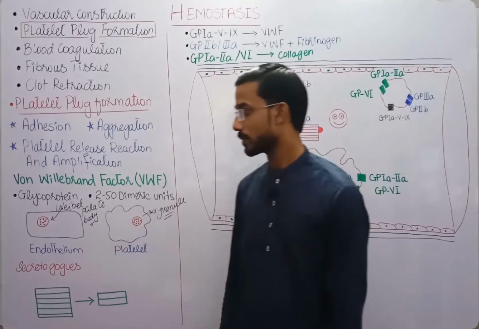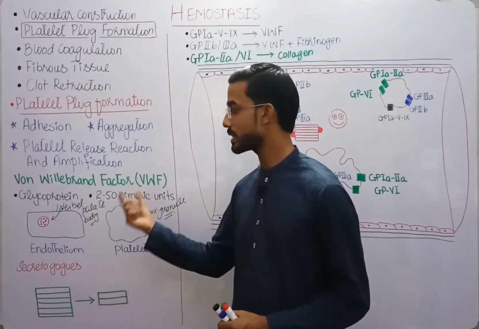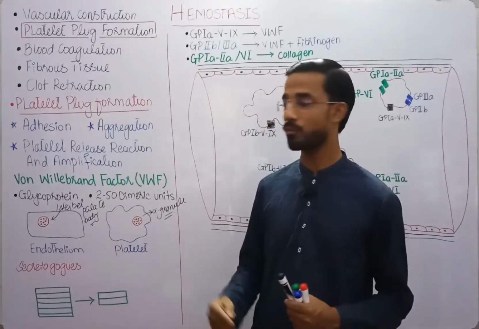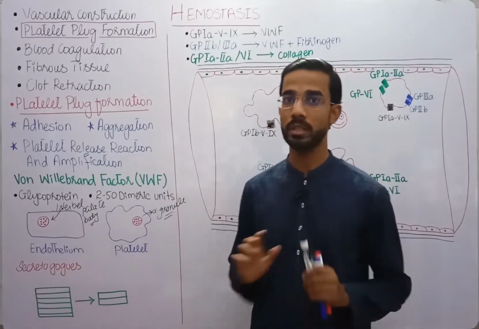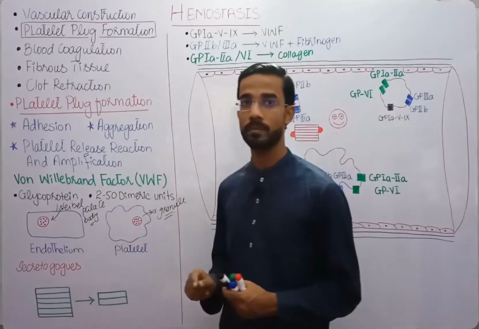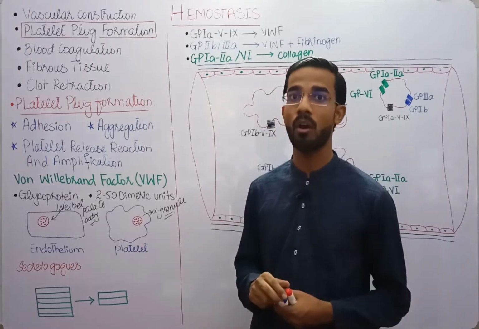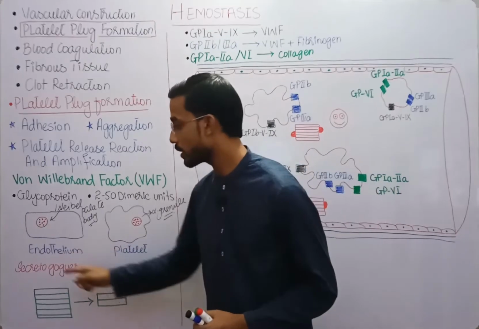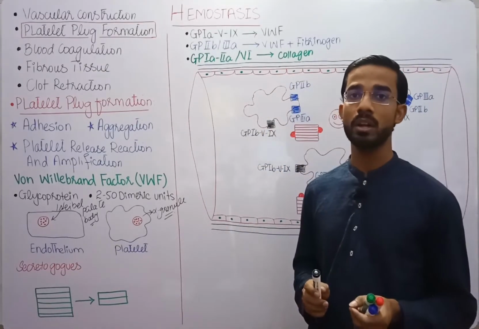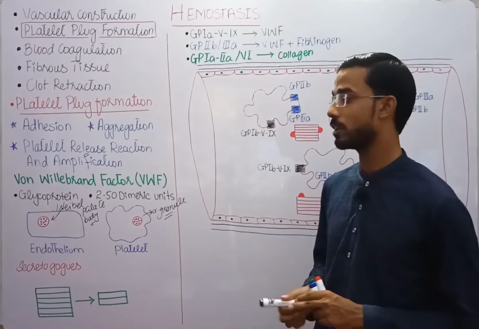In endothelium there are two ways of secretion. This von Willebrand factor is secreted in two ways. First one, it is continuously secreted from the endothelium and released into the blood. And second one, it is secreted in stress situations, with different substances like secretagogues. Secretagogues are basically those situations or factors which influence the secretion of von Willebrand factor.